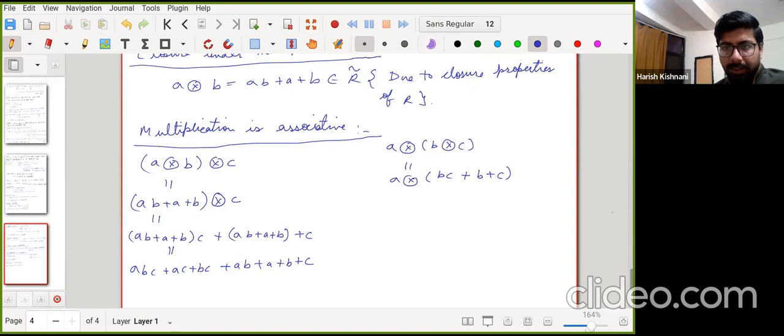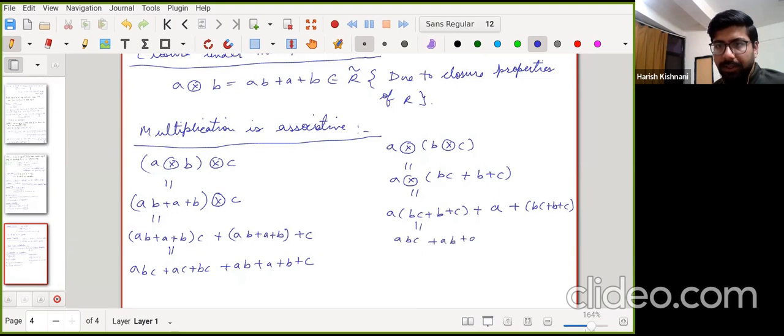Just multiply the first element with the second element, that is A times BC plus B plus C, and then add the first element and then add the second element. Okay, so what is it going to be? It's going to be ABC plus AB plus AC plus A plus BC plus B plus C.